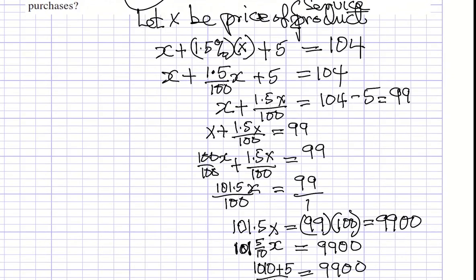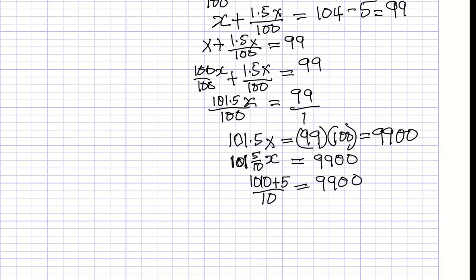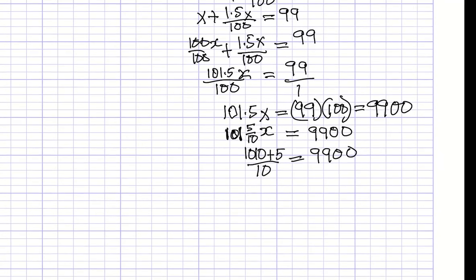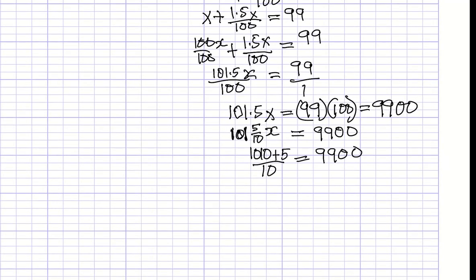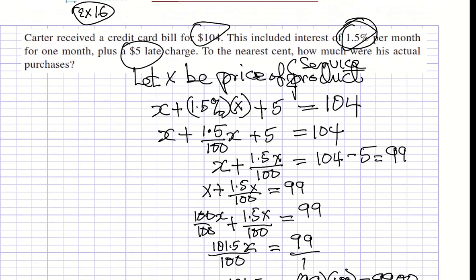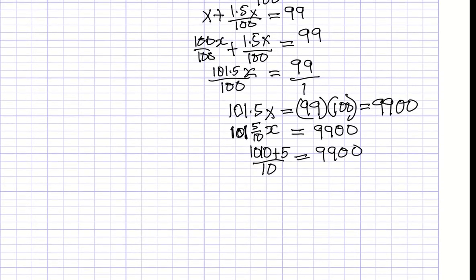I guess some people, if you work with decimals, it might be easier, but I don't know. I think this is a straightforward way, even though it's a lot of writing. It's okay though.